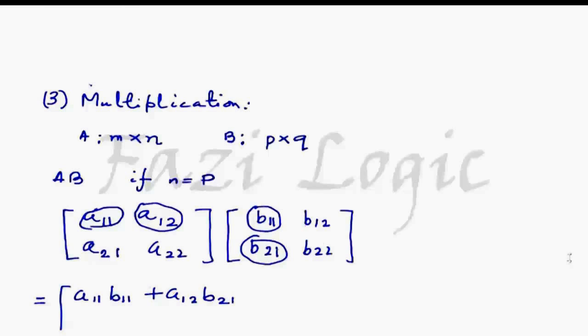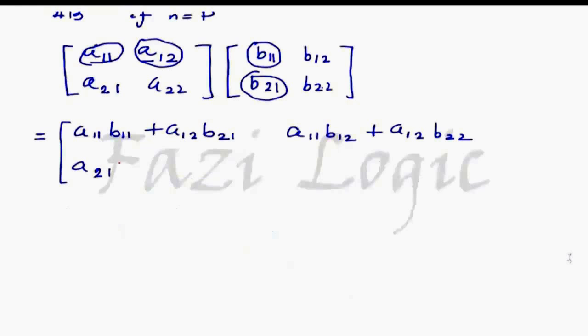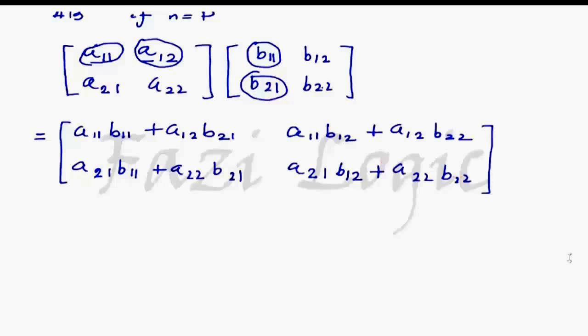Next, similarly, we multiply the first row with the second column: A11 B12 plus A12 B22, and similarly the other elements, A21 B11 plus A22 B21, and here A21 B12 plus A22 B22. This is a matrix of order 2 cross 2.